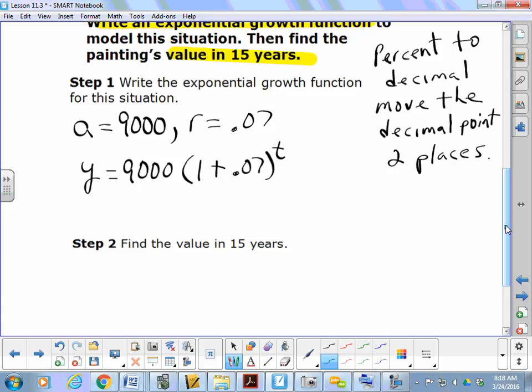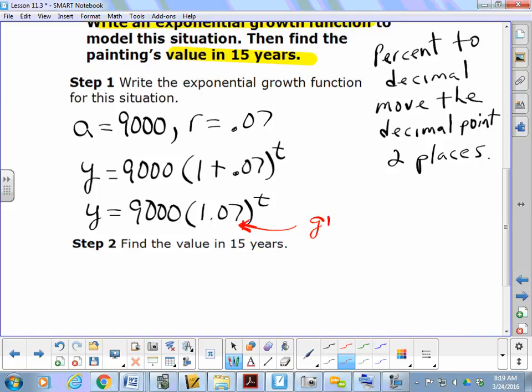Now, this is okay, but not what I want, because we can easily add those two numbers to get 1.07 to the power of t. So make sure you combine them. If it's exponential growth, then that number there is going to be greater than 1.